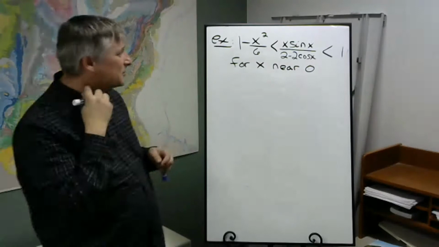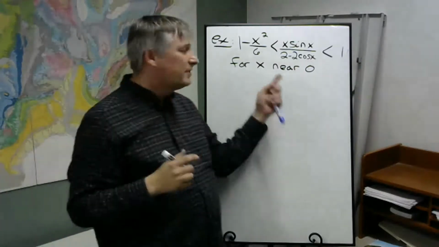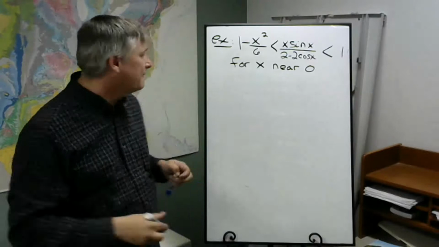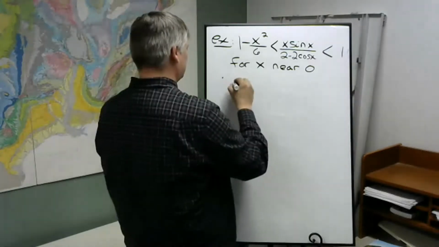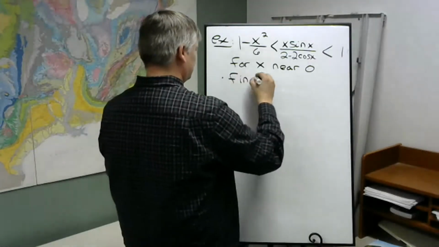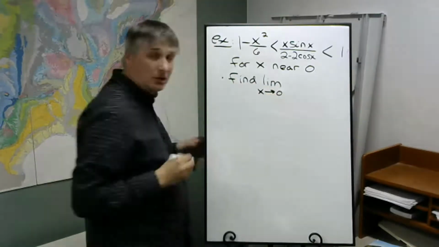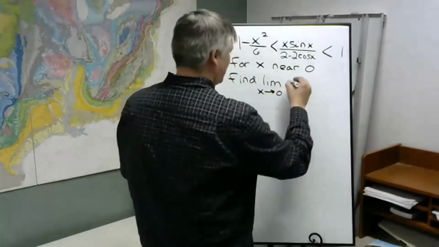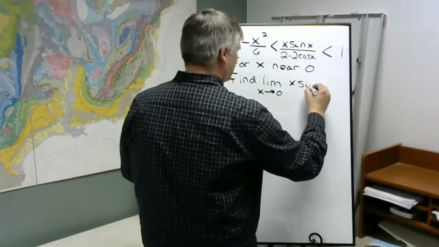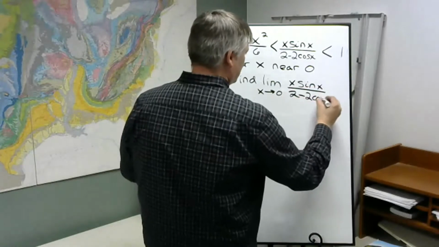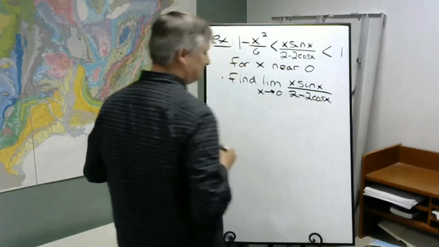So when x is near 0, we have this inequality. So we want to find the limit as x gets close to 0 of x sine x over 2 minus 2 cosine x.